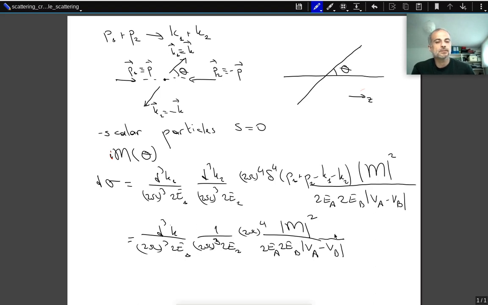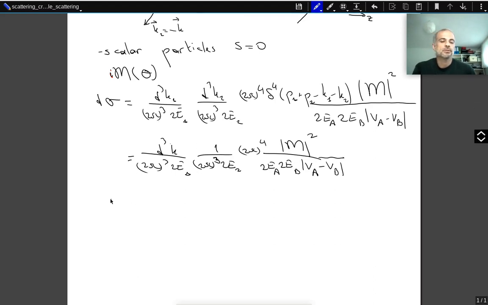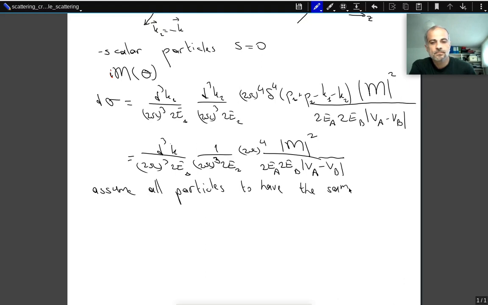Now I will be making some more simplifications. I will assume all particles to have the same mass, that is m1 is equal to m2 is equal to m3 is equal to m4. I'm not yet assuming that my particles are identical.